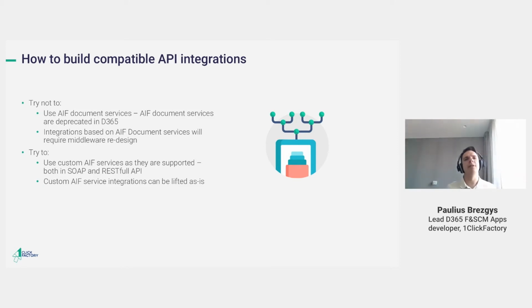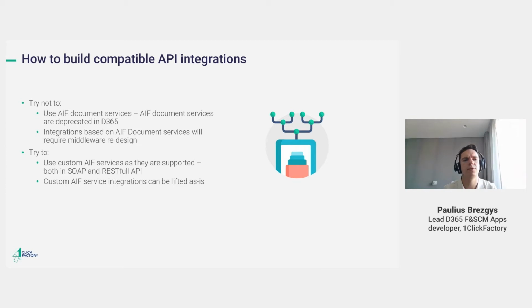So, how to build compatible integrations. First of all, API integrations. How to build Dynamics 365 compatible API integrations. So if you are on AX 2012, you better not use AIF document services.